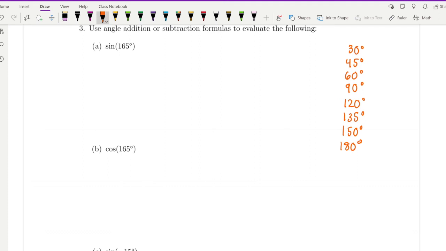Maybe let's work with these ones and see how we can add or subtract some of these numbers together to find 165. There's always going to be multiple ways to do it. Personally, in this case, I think probably the easiest way to do 165 would be to break it up into 120 plus 45.